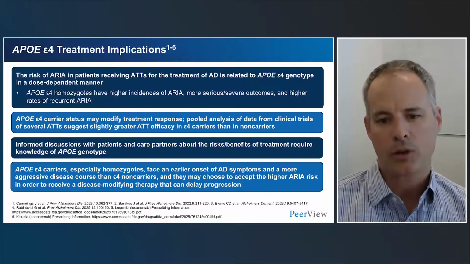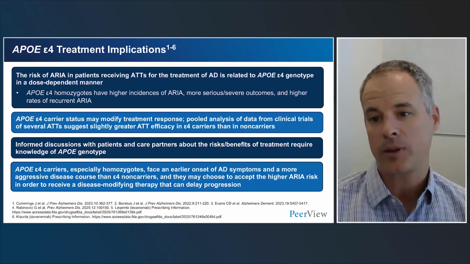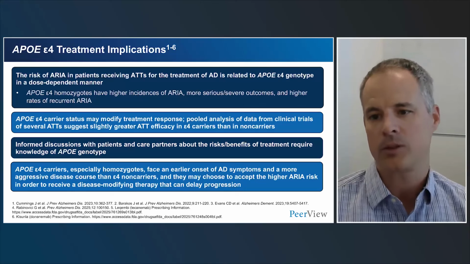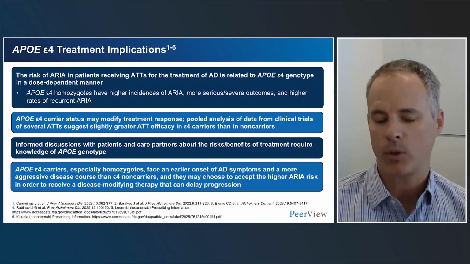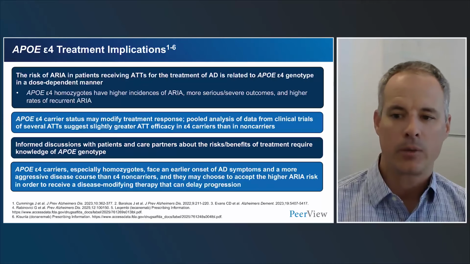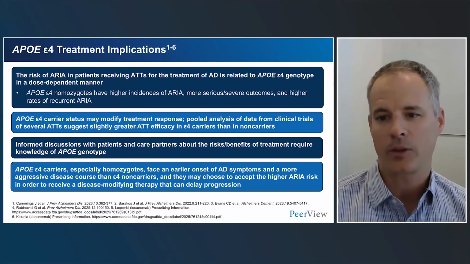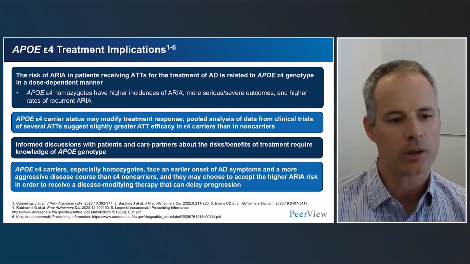When you look at the clinical trials in a pooled manner, there is some signal that suggests the antibodies may also work better in patients who have APOE4. They have more amyloid, and perhaps there's greater efficacy. So we could have an interesting conundrum where you have patients who are at higher risk, but they also may have higher reward from the drug.